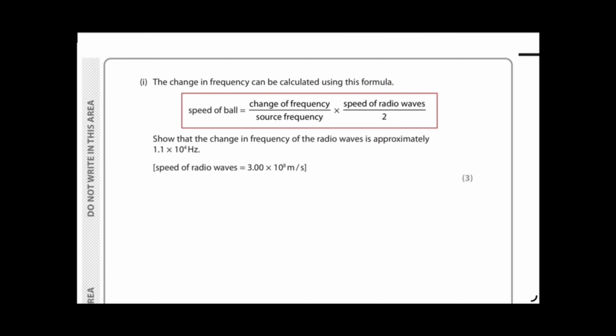Show that the change in frequency of the radio wave is approximately 1.1 times 10 to the power of 4 Hz, given that the speed of the radio wave is 3 times 10 to the power of 8 meters per second.